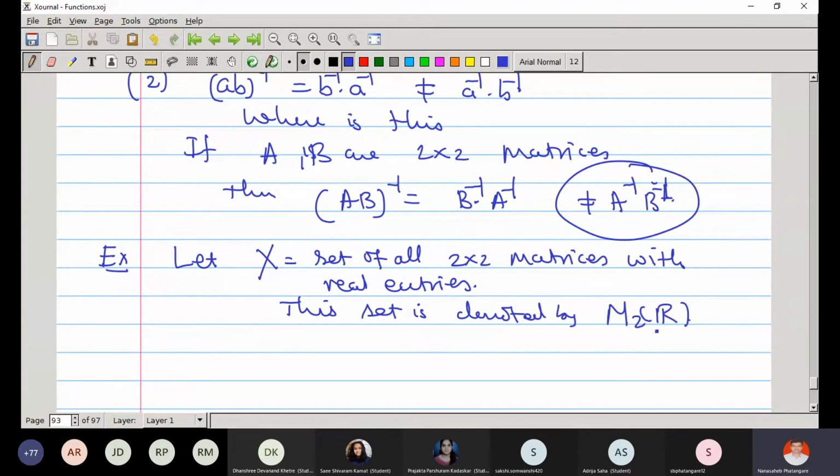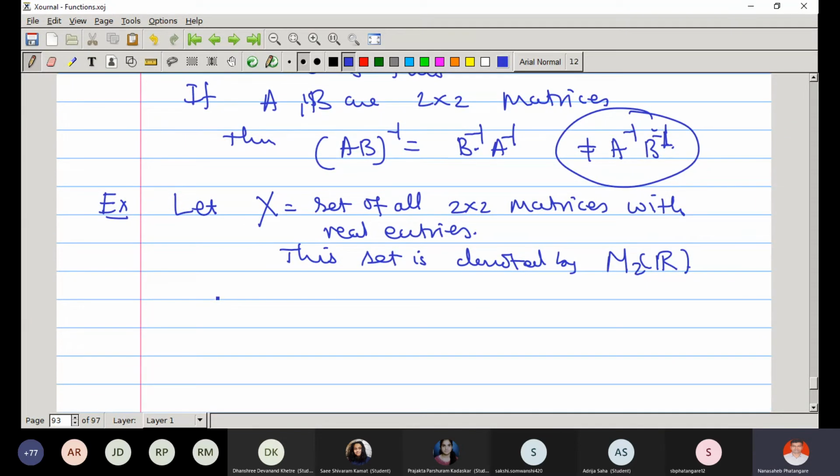M2R means the set of all 2 by 2 matrices with real entries. For example, if I take A equal to 1, 2, 5, 7, this is a member of set X, correct? Can I say that this A is a member of set X? Yes. X is also denoted by M2R.